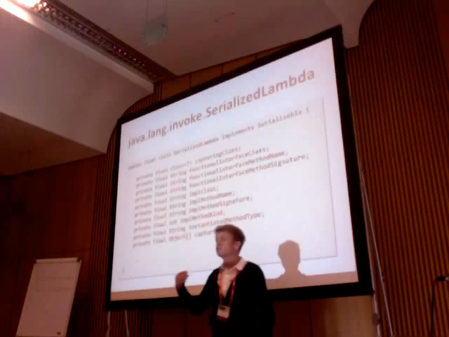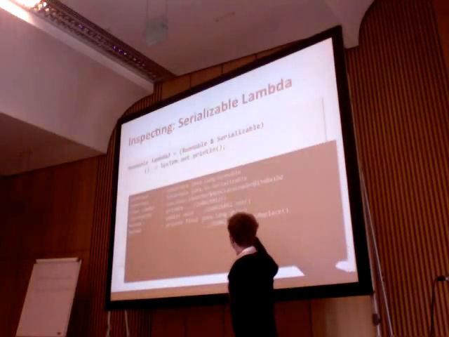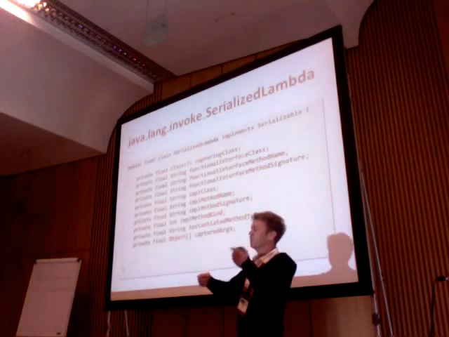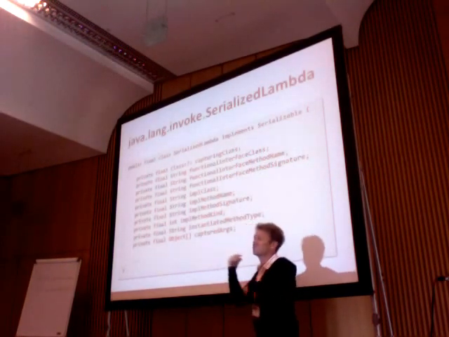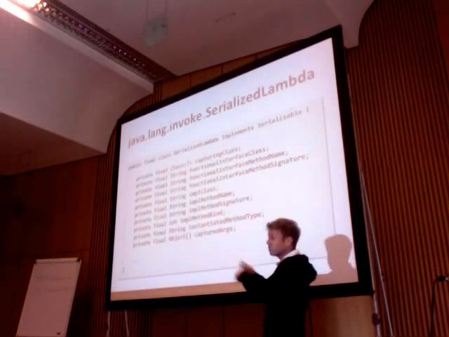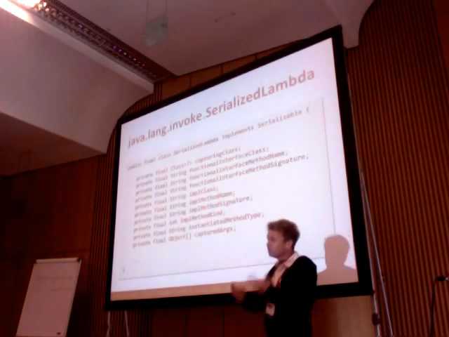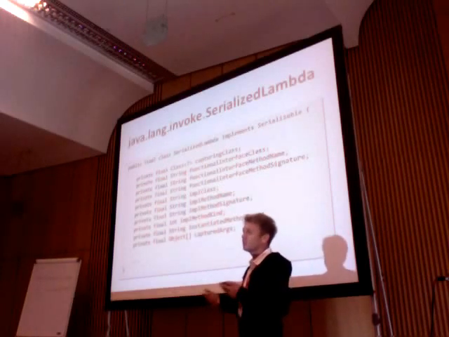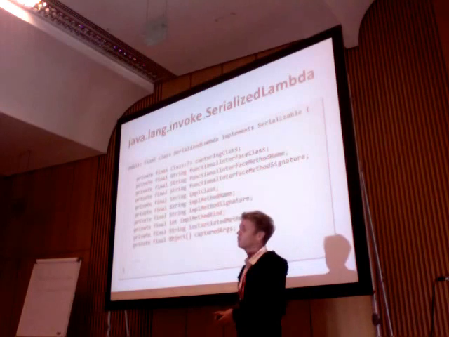And if you look at the class, we've seen the writeReplace here. This class has the opposite, called a readResolve. So when the class is deserialized, it does not return this actual object, it calls the readResolve object. And the readResolve object, again, uses a LambdaMetaFactory to create a new instance out of these arguments.